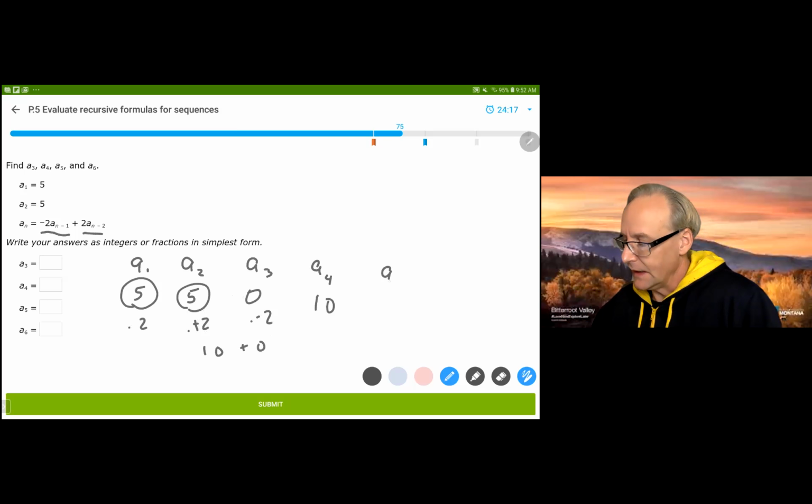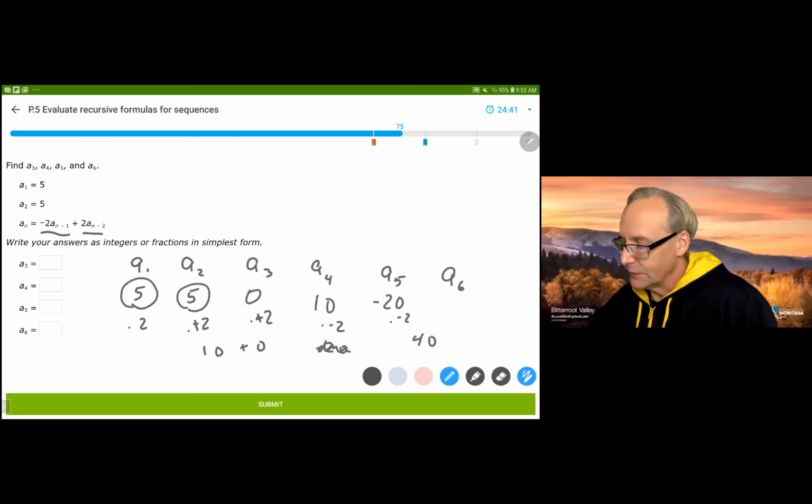And to get to A5, we're going to take this one and multiply it by -2. We're going to take this one and multiply it by +2, and we're still going to get 0, and we're going to get -20. Let me get rid of that for a second. And to get to A6, we're almost done. We're going to take the last one and multiply it by -2, which gives us the 40.